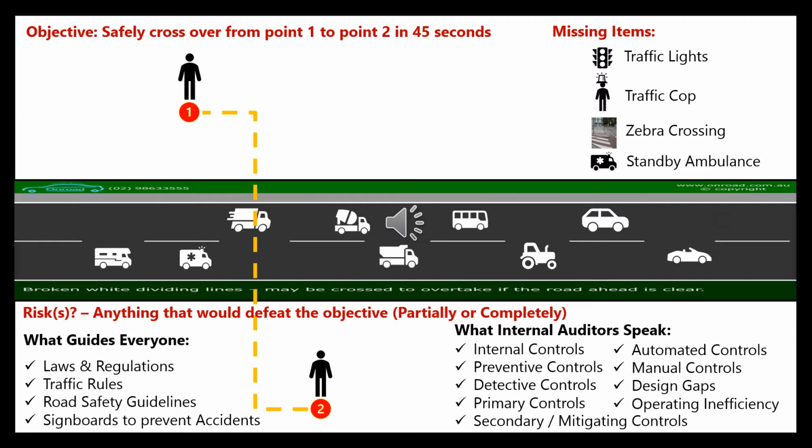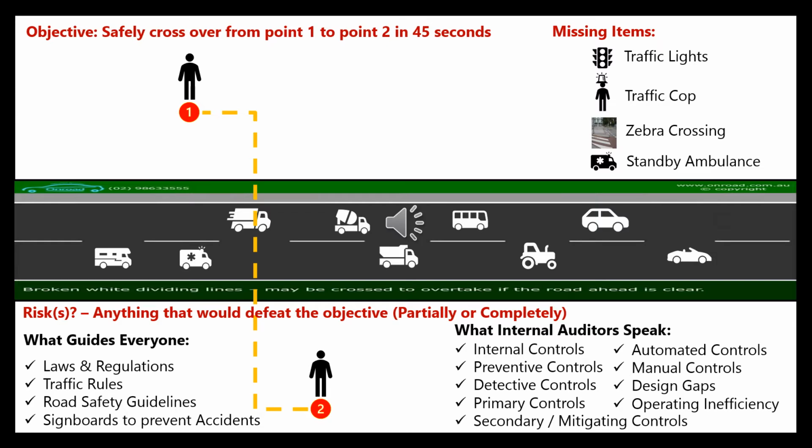So let's say if there is no traffic light here, that clearly is a design gap. To mitigate that design gap, there is a traffic cop in place, and that traffic cop fills up for the absence of a traffic light. Typically, you would have seen this in an Indian scenario.